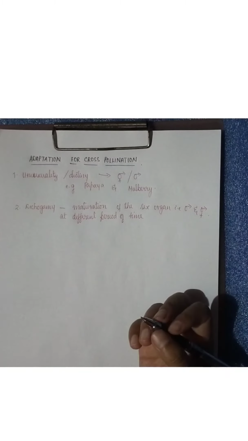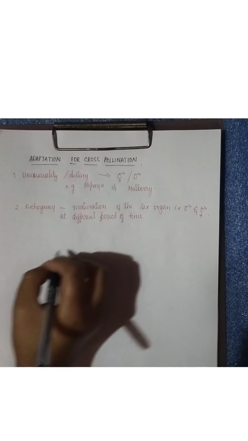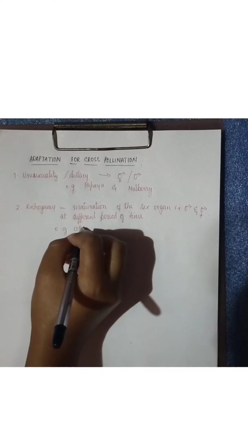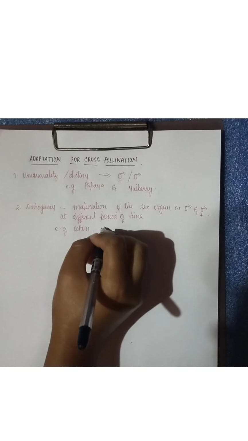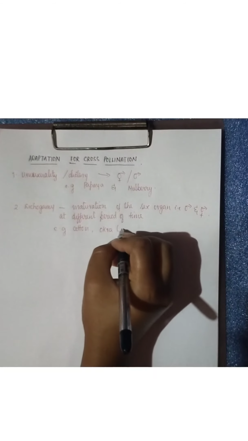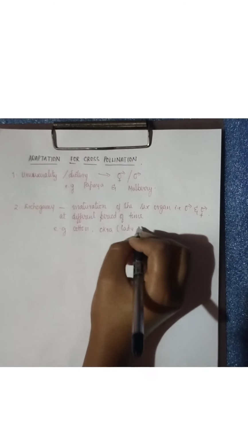That is, they get mature at different timing. So examples are cotton, okra, which is the lady finger.